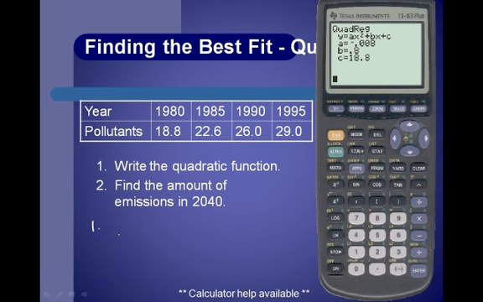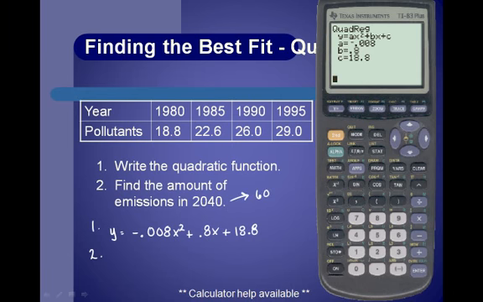So for part 1, we get y equals negative 0.008 x squared plus 0.8x plus 18.8. Now for the second part, it says find the amount of emissions in the year 2040. Well, our first question is how many years since 1980 is 2040? Well, if you subtract that, then we would get 60 years difference.